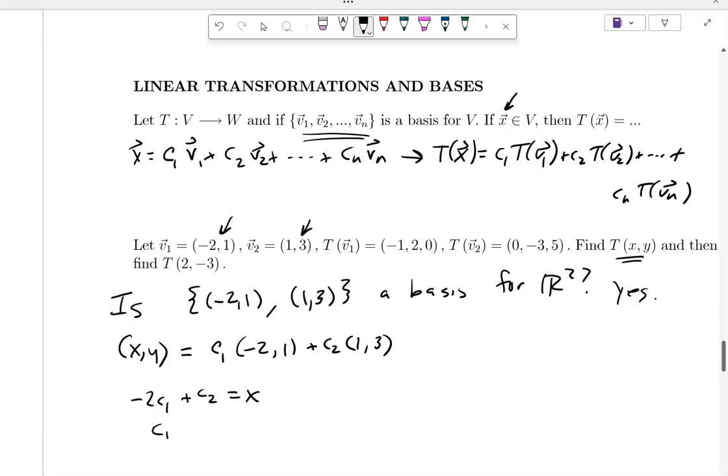C1 plus 3C2 equals y. Good. Now again, we're trying to find the C1 and C2 given the x and the y, right? We should be able to do that by setting up an augmented matrix.